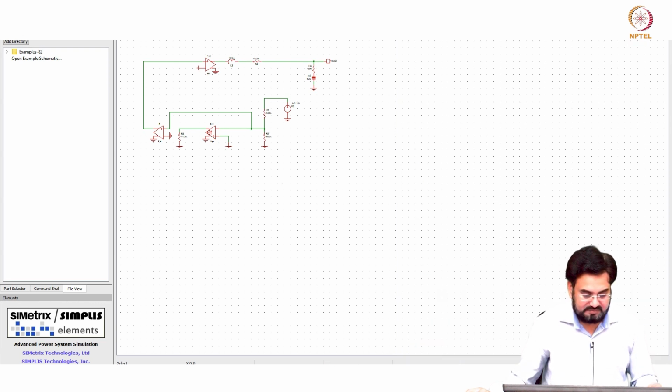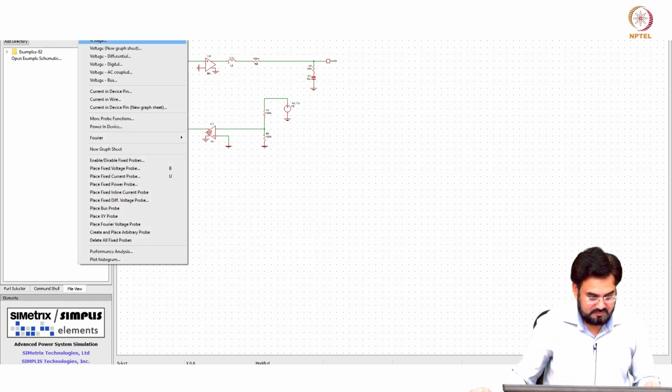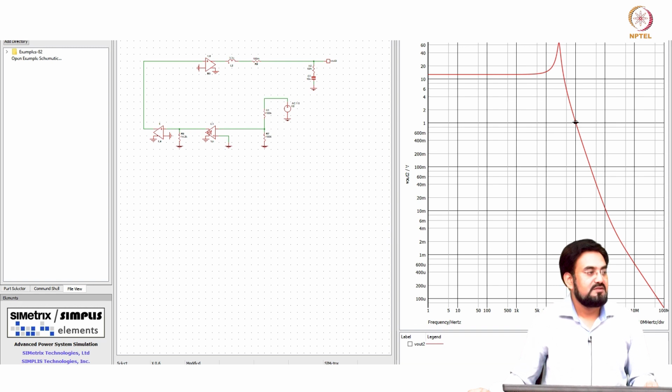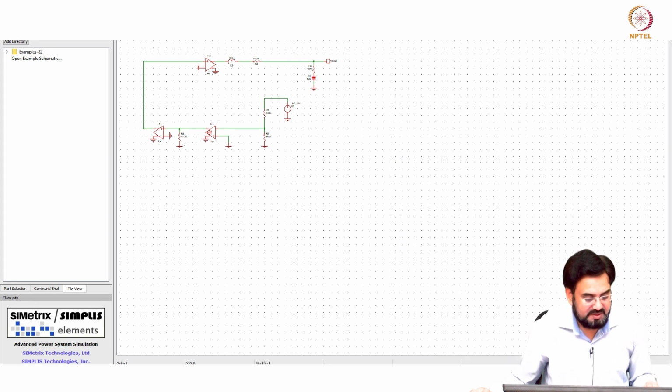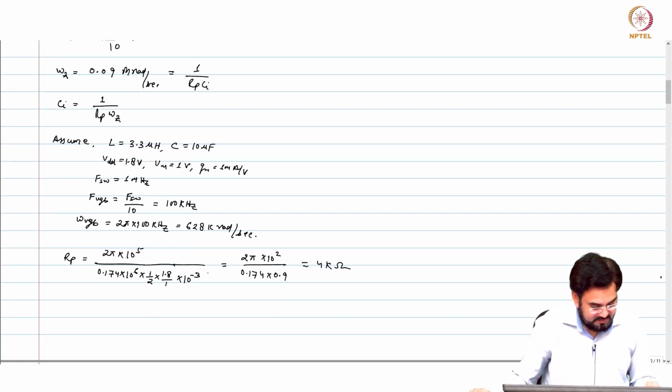Oh, you need to connect this. Okay, so now you are getting a gain 1 at 100K. So, which means your proportional gain GMR should be 14.2. So, RP should be 14.2, not 4K. So, I think we did some mistake.